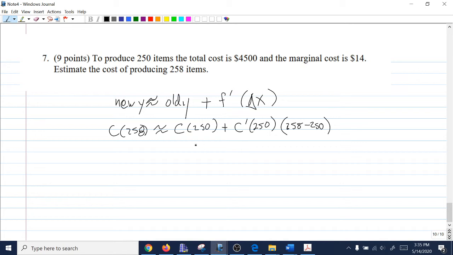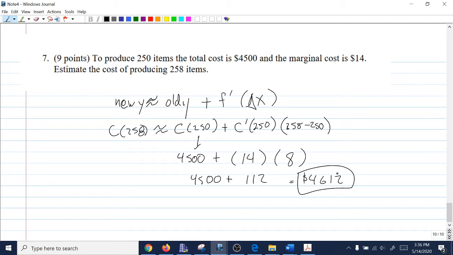Making 250 items cost 4,500. Extra items cost about 14 each, and you want 8 extra items. 8 times 14 is 112. That's 4612. That's my approximation of the cost to make 258 items.